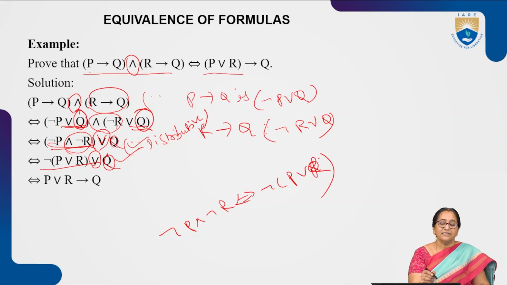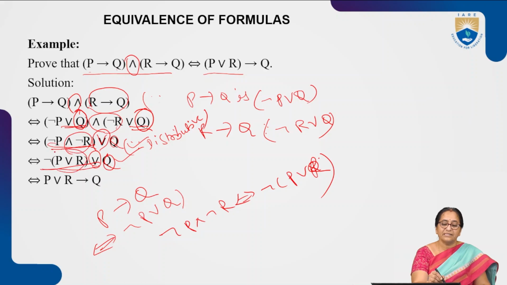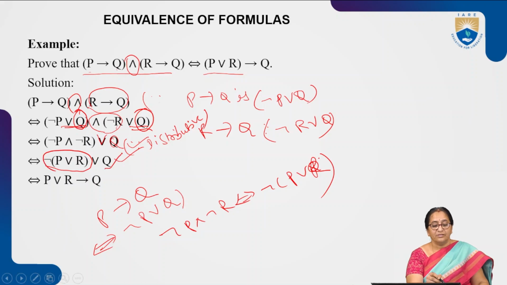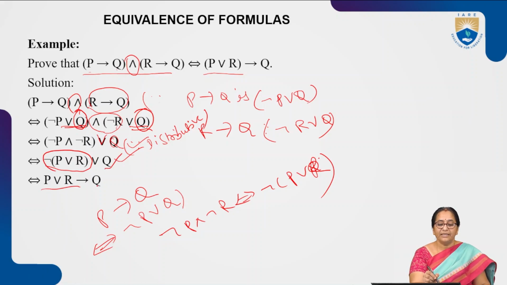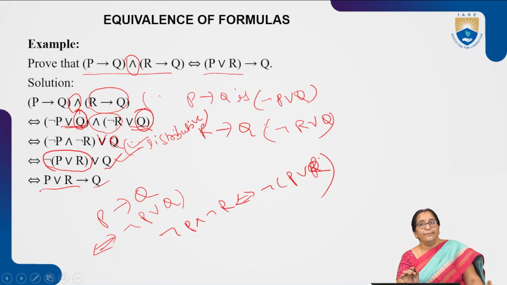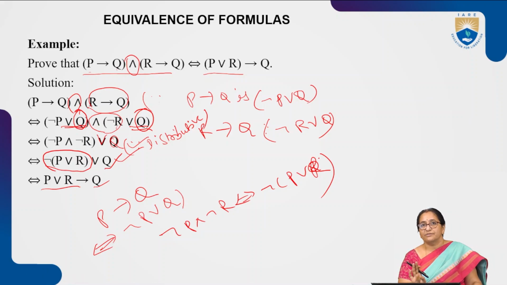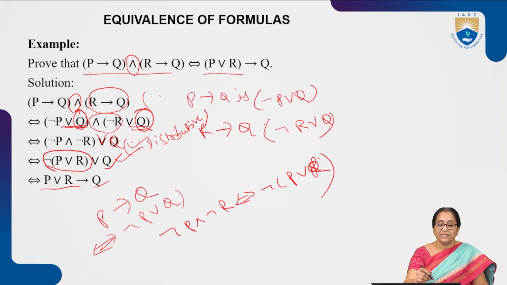P → Q is equivalent to ¬P ∨ Q, so just imagine this entire one is ¬P ∨ Q, with P and Q. Based on the equivalence formulas, we can easily distribute by using the distributive property and De Morgan's laws.